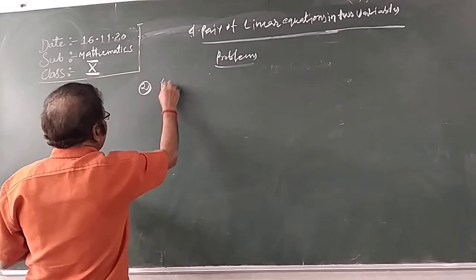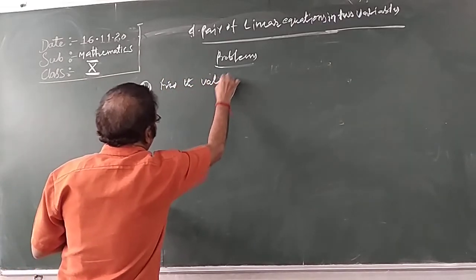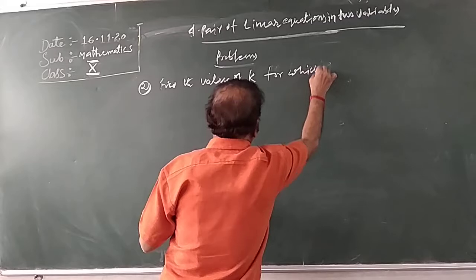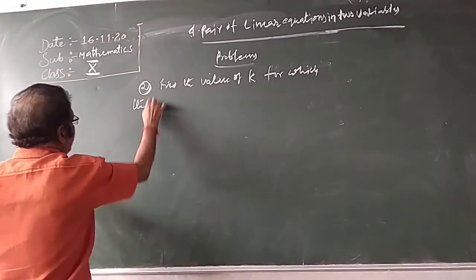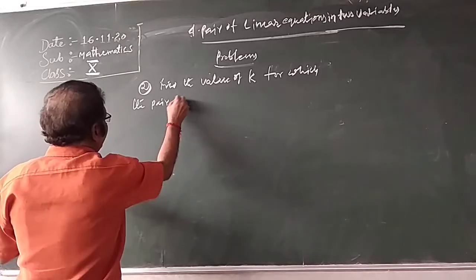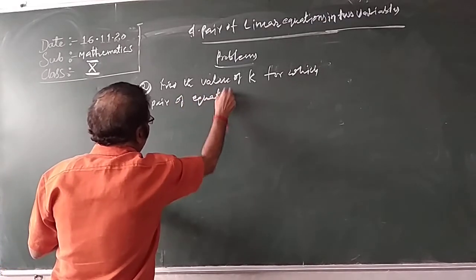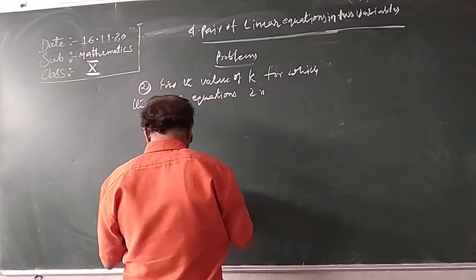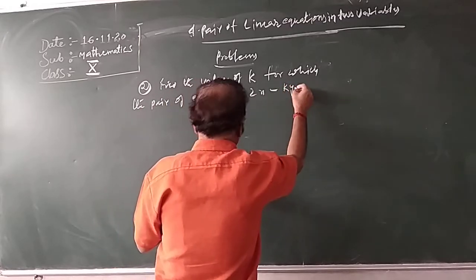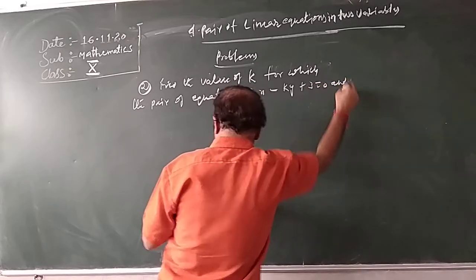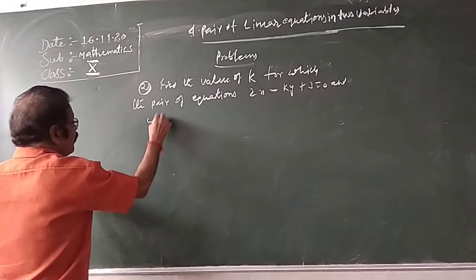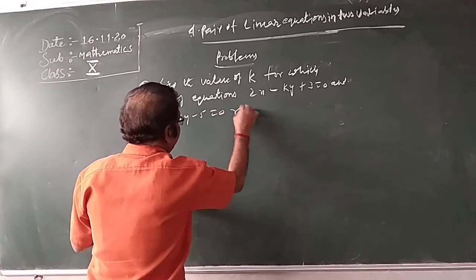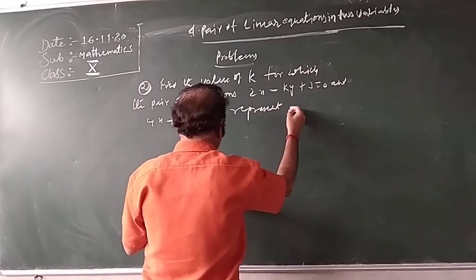Find the value of k for which the pair of equations 2x minus ky plus 3 equal 0 and 4x plus 6y minus 5 equal 0 represent parallel lines.